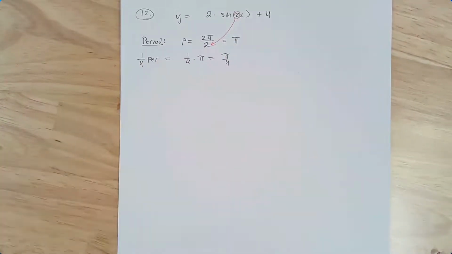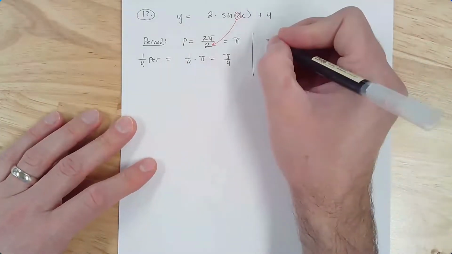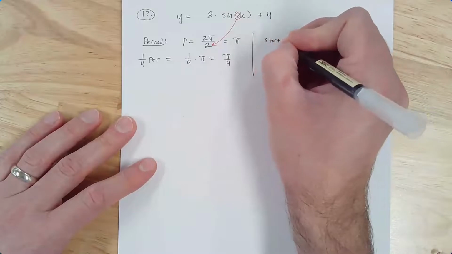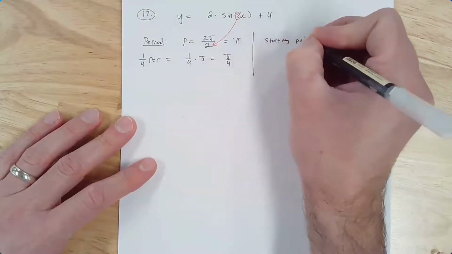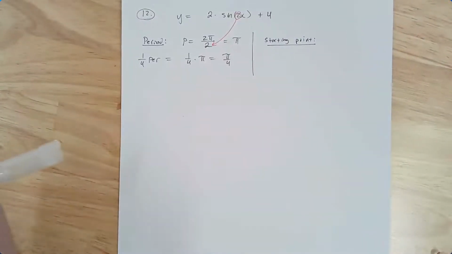Great, we have the period and we have 1/4 of the period, because each of the 5 points that we care about is 1/4 of the period from the previous point. We also want to find our starting point. Really, we don't need to do this here. The starting point is going to be 0, right? There's no horizontal shift left or right.